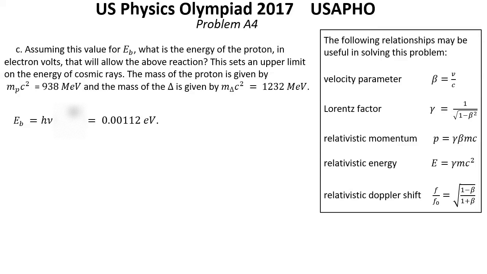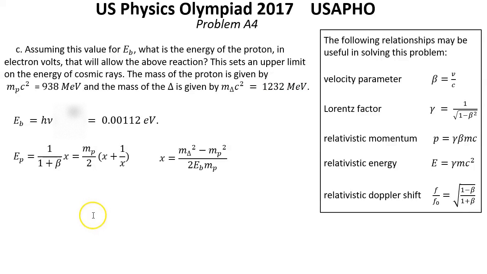The mass of the proton is given by 938 megaelectron-volts, and the mass of the delta is given by 1232 megaelectron-volts. To solve this question, we have to restore the factor c in these two expressions, which will give us this expression. First, we have to calculate x for the given numbers.